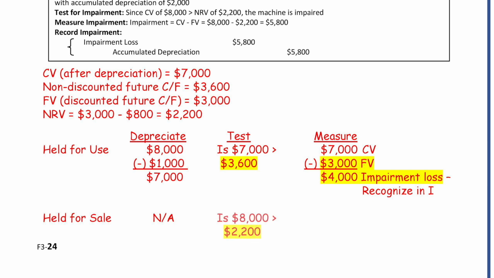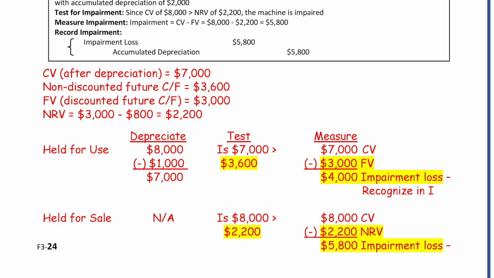So is $8,000 greater than $2,200? Highlight 2,200. And then when it comes to measuring the impairment loss, we're going to have $8,000 carrying value minus $2,200 NRV, which leads to, and highlight, $5,800 impairment loss, which you need to recognize in D or discontinued operations.